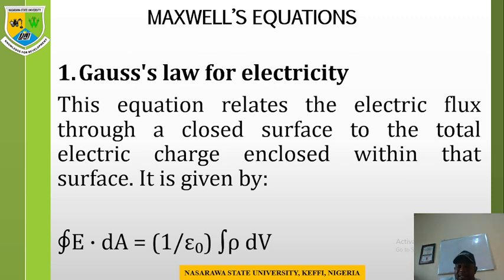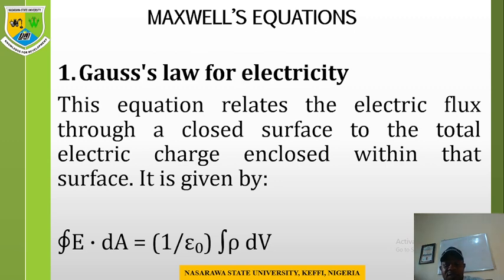This equation relates the electric flux through a closed surface to the total electric charge enclosed within that surface, and it is given by the closed integral of E, the electric field, dot dA, equal to 1 over epsilon naught times the integral of rho dV.